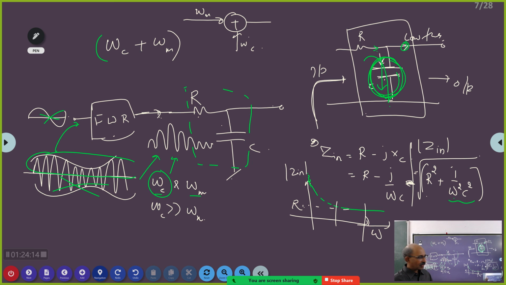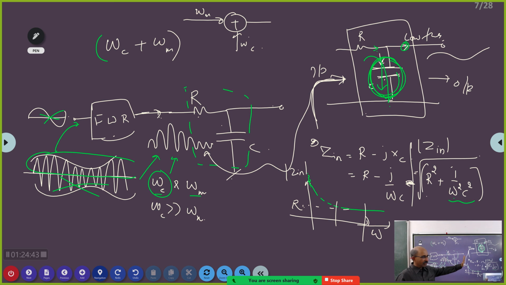Got it? So therefore, at this point, this is the signal that you are feeding, and at this point, you are going to get the message. So a combination of a rectifier and an RC circuit, which is an envelope detector, you will be able to get the message.